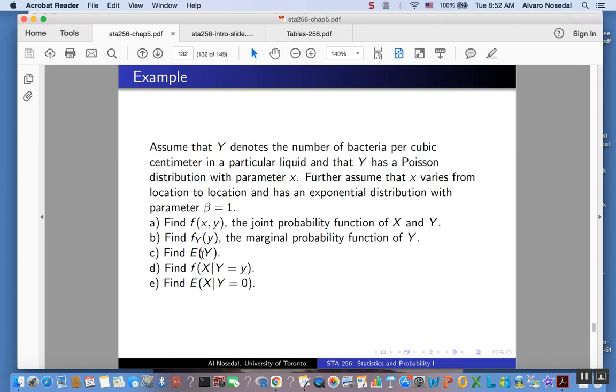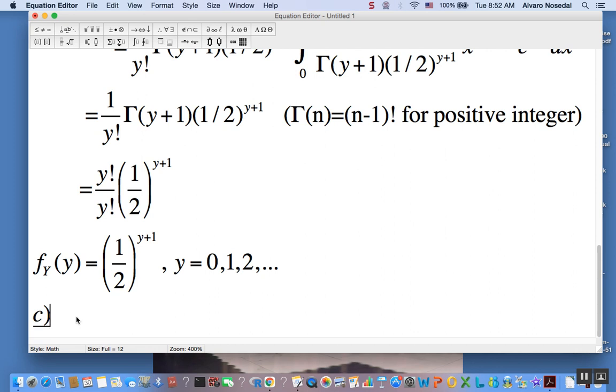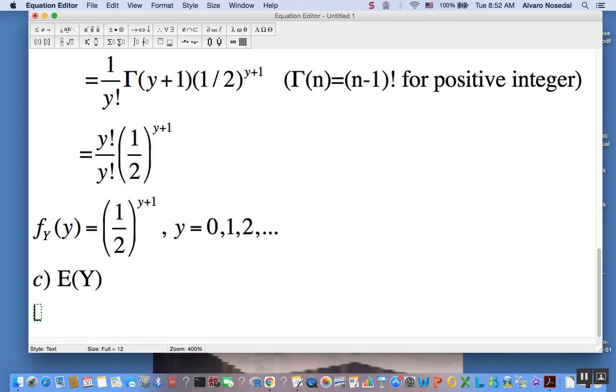Okay, we want the expected value of y. So the expected value of y would be what? We can use the definition, right? So let's do that.